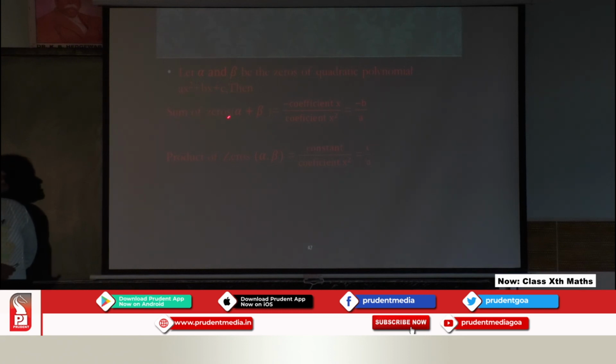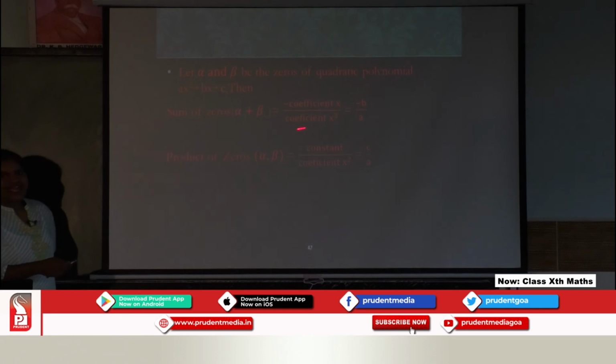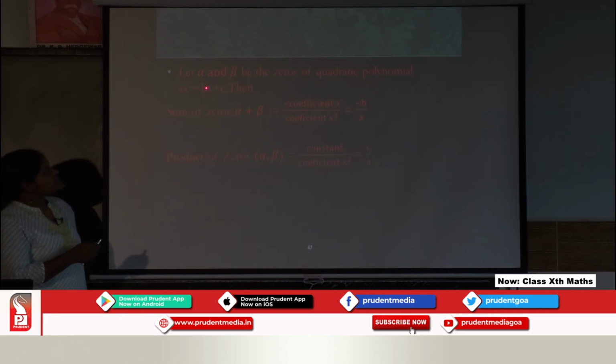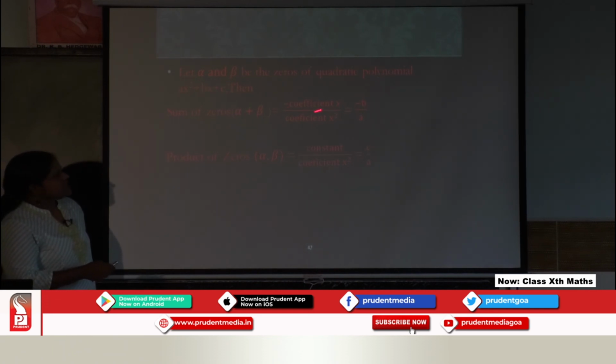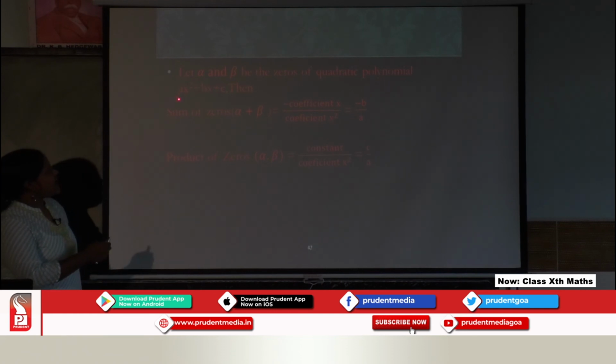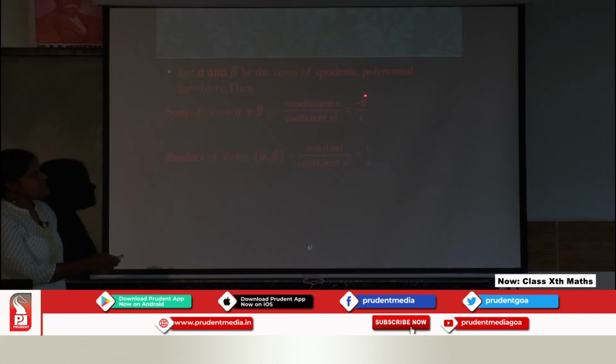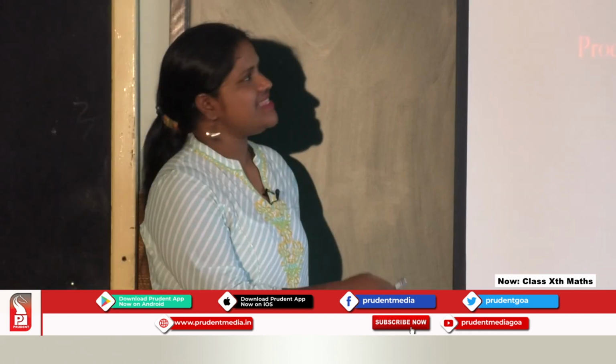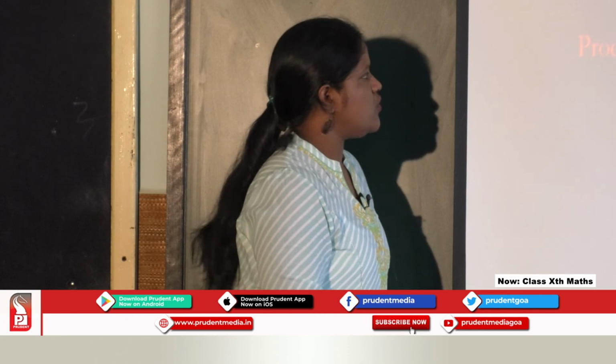Sum of 0 was alpha plus beta, these are our 2 roots. Sum of 0 is minus coefficient of x upon coefficient of x square, and coefficient of x is b, so it is minus b. Coefficient of x square is a, so the final answer is minus b upon a. This is sum of 0.